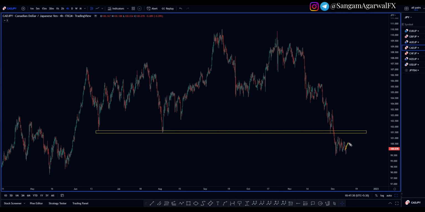So if it retests this level again, then you can sell and target a new lower low, but no bullish entry until price goes back above this level. Below this yellow support level, which is now broken, price is bearish.